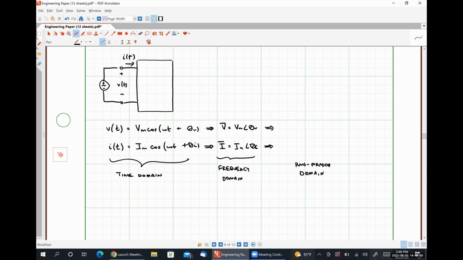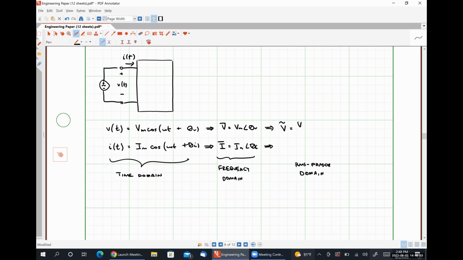The RMS phasor domain is the exact same thing as the frequency domain, except that we use our effective values for our voltage and current. So I'm going to define an RMS phasor voltage as V with a squiggle over it.